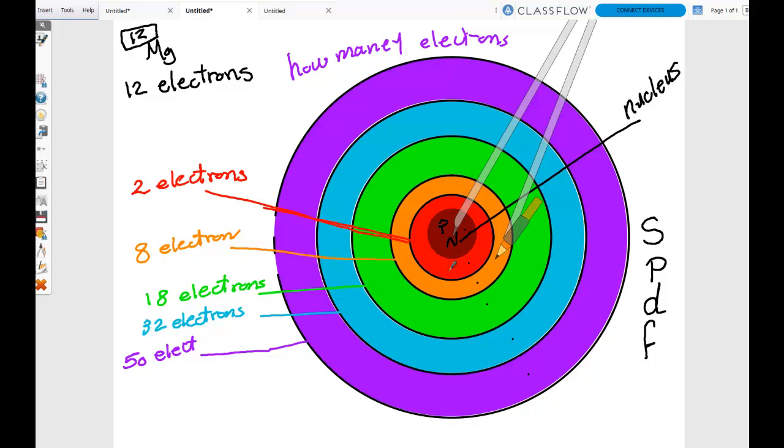Shell number 1 has only 2 electrons and it does not have any other subshells, so we call it S. Shell number 2 has 2 subshells.